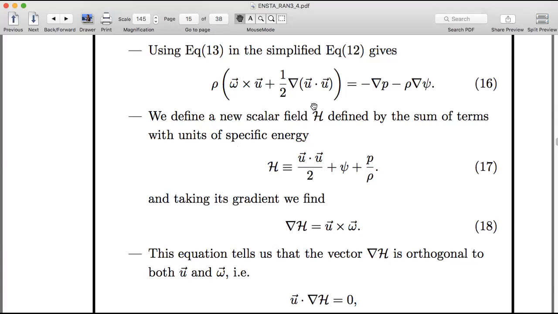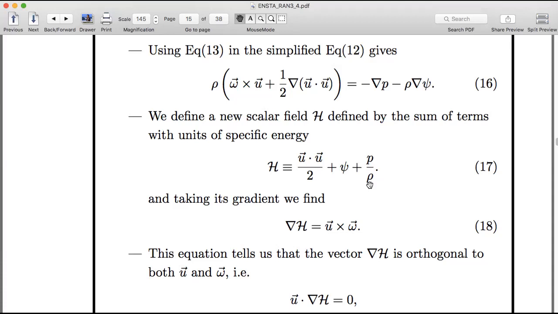It's the kinetic energy, and if gravity is the body force, then it's gravitational potential energy, all per unit mass. So kinetic energy per unit mass, gravitational potential energy per unit mass, and then the pressure divided by the density.